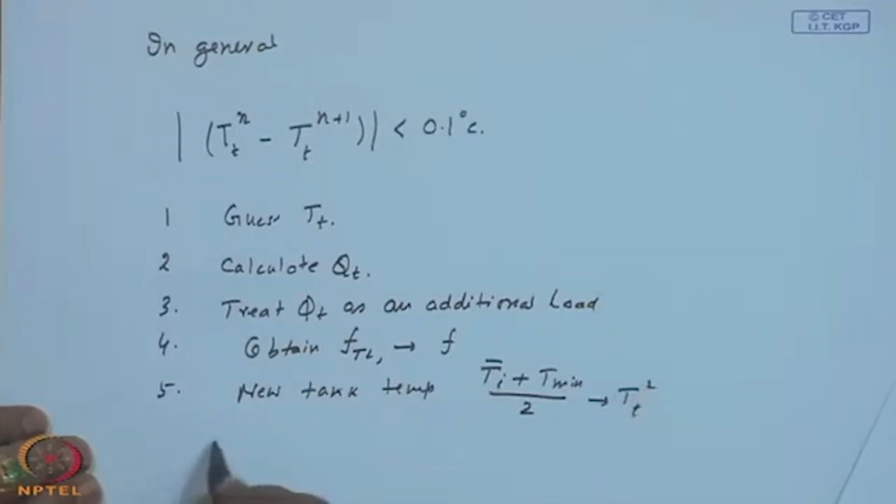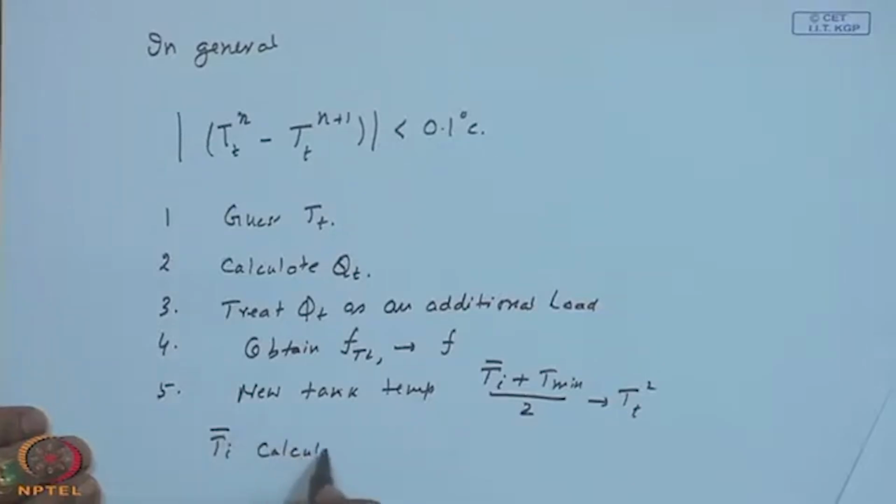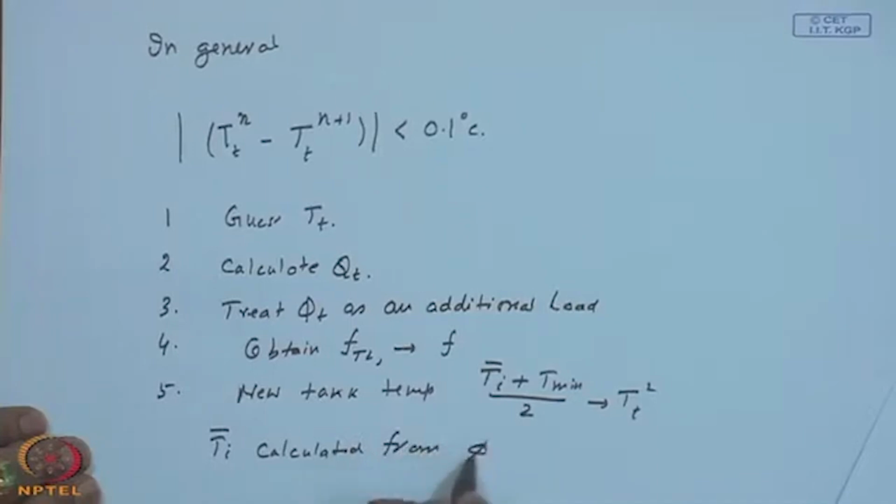T I bar is calculated from phi bar equal to F T L by Y, because this is a function of exponential a plus b times X c bar plus c X c bar square. I will find out an X c bar. From that X c bar, I will find out T I bar.